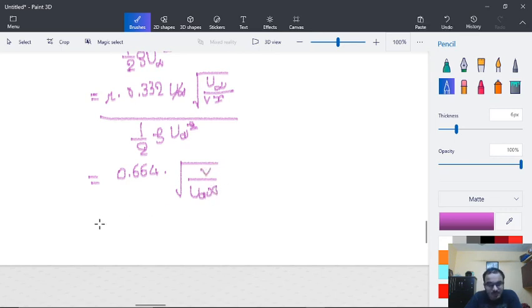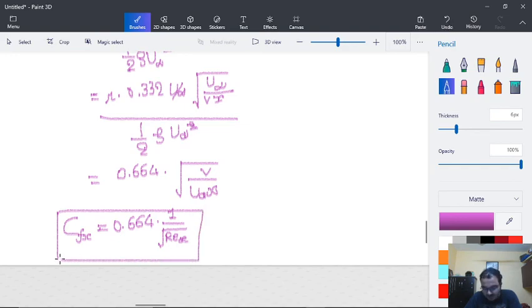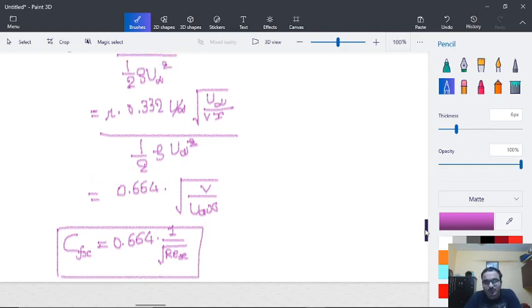So this is nothing but equal to 0.664 into 1 divided by square root of Re x. This is the value of Cfx. So that is the skin friction coefficient. So what we can do now is we can copy this.